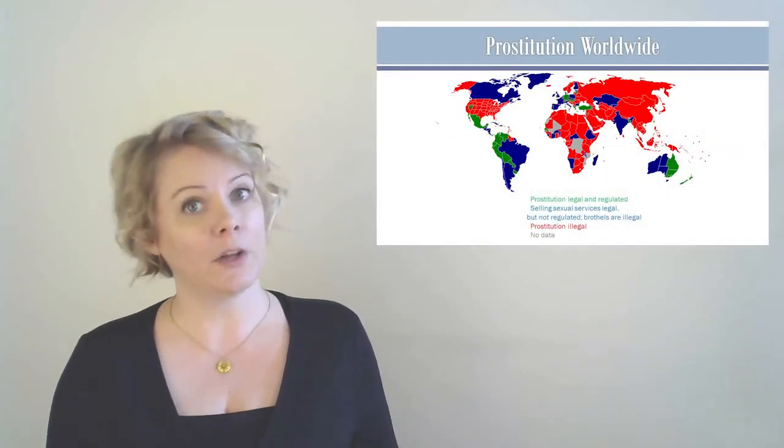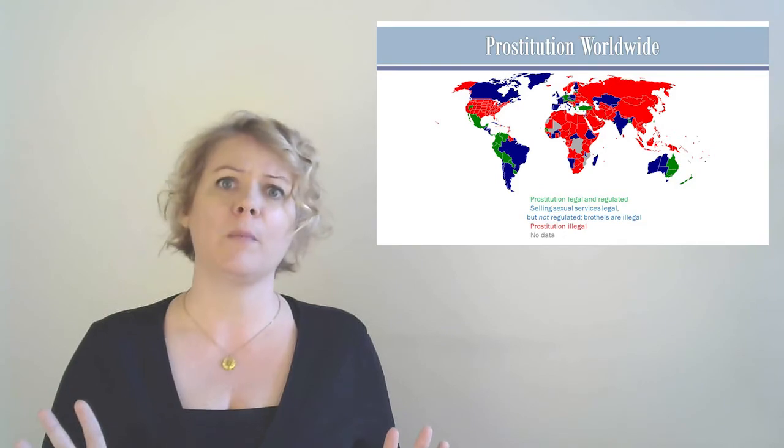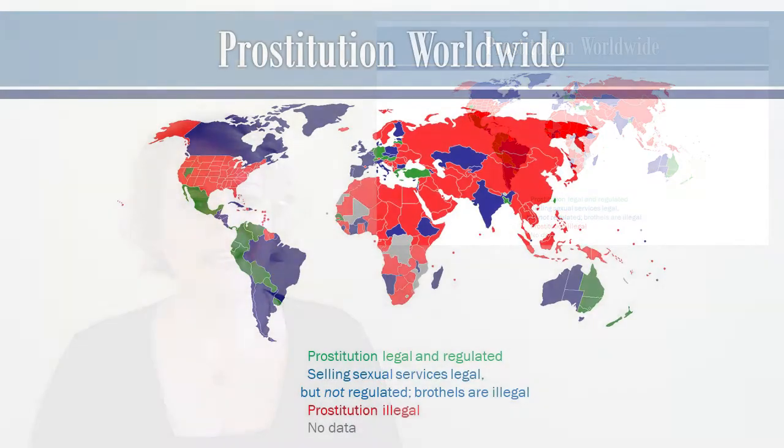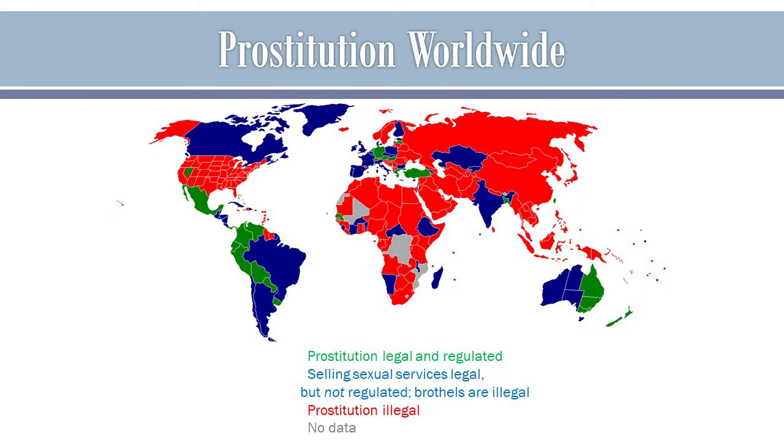So prostitution is legal in some places and illegal in other places, which can get super complicated. So first, let's look at this map of the whole world. Here, the green places are where prostitution is both legal and regulated. So that means that very often the working prostitutes will have to have health checks, and they'll have to pay taxes and that sort of thing.